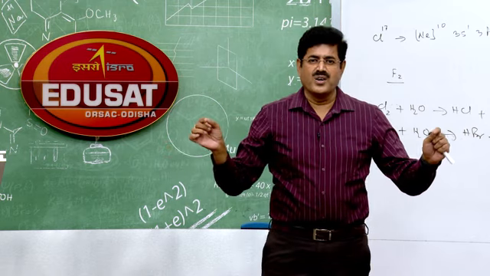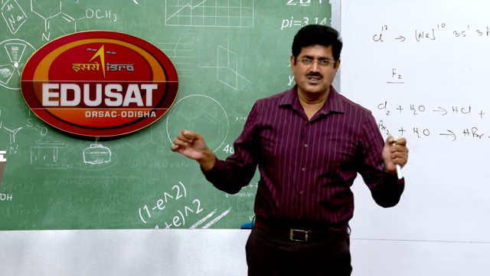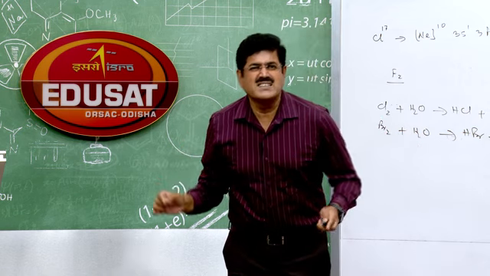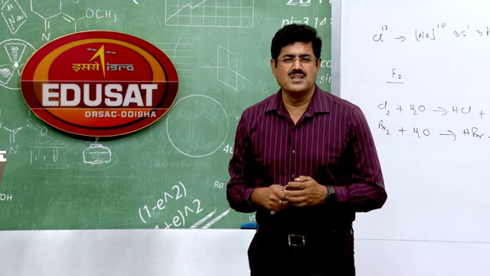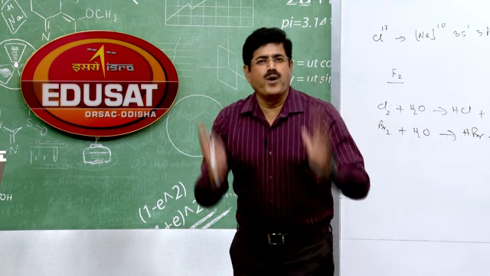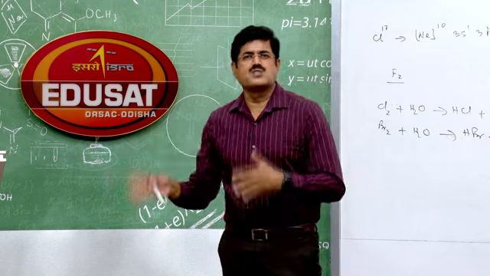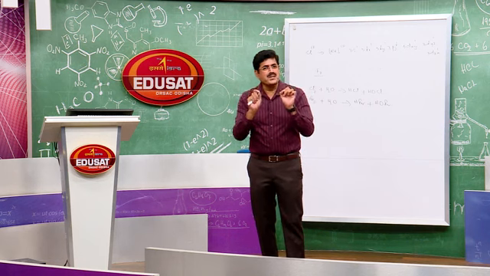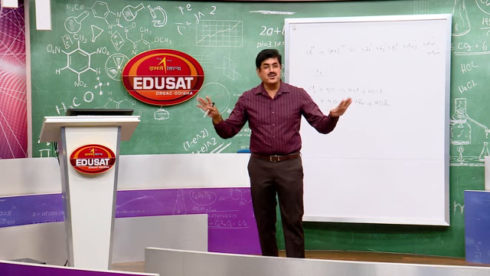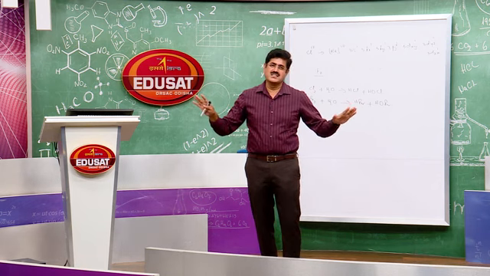This is the decreasing order of boiling point of the halogen acids. The most volatile halogen acid is HCl, the least volatile is HF. These are some important chemical properties of halogen acids we have discussed.